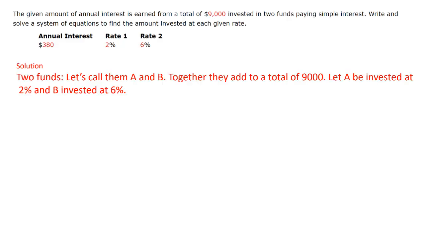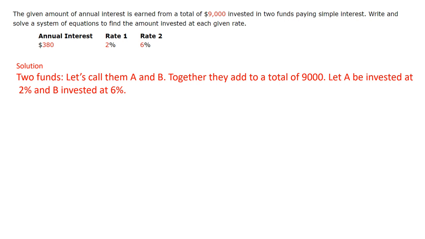So let's go ahead and now do a word problem. The given amount of an annual interest earned from a total of $9,000 invested in two funds paying simple interest. Write and solve a system of equations to find the amount invested at each given rate.